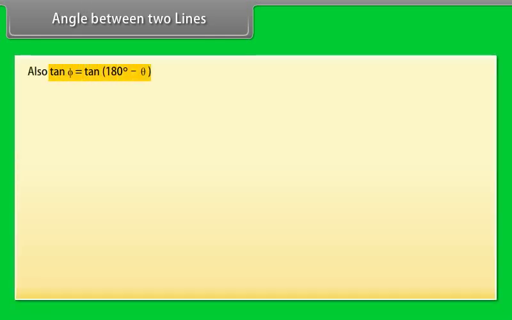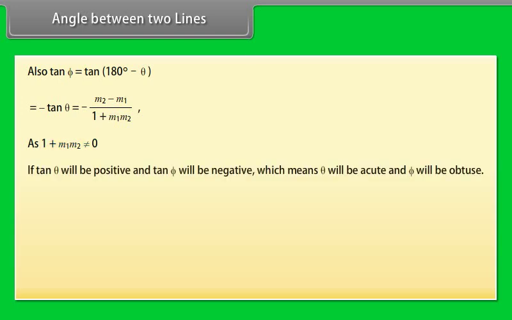Also, tan phi = tan(180 degrees - theta) = -tan theta = -(m2 - m1)/(1 + m1 m2), as 1 + m1 m2 is not equal to 0. If tan theta is positive and tan phi is negative, theta will be acute and phi will be obtuse.